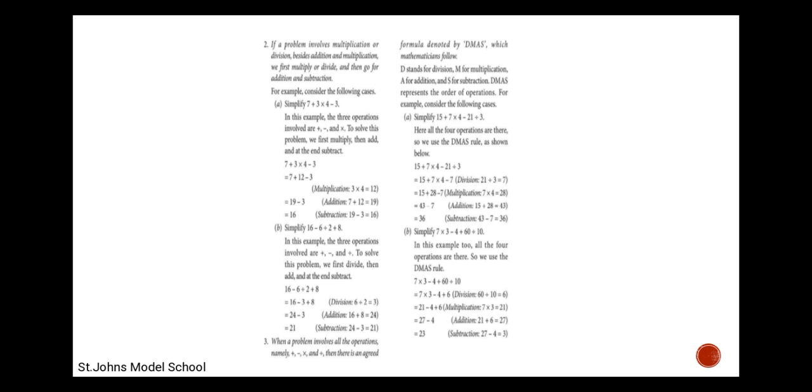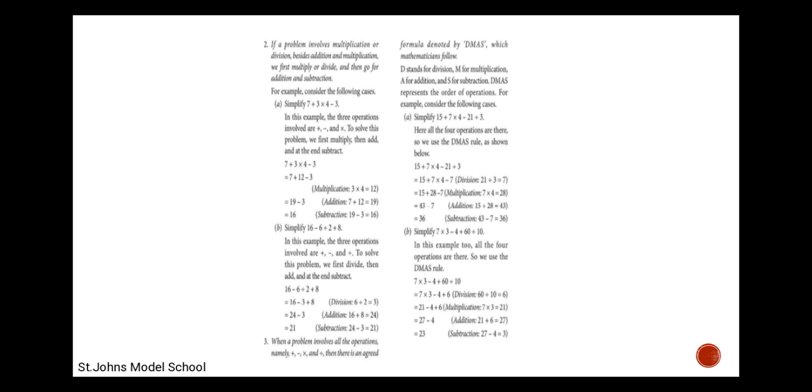So here we are naturally using the process of the DMAS rule. In the DMAS rule, we are doing division first. D stands for division, M stands for multiplication, A stands for addition, and S stands for subtraction.